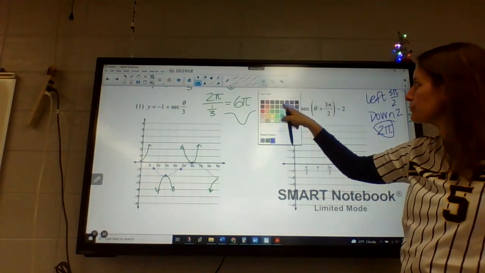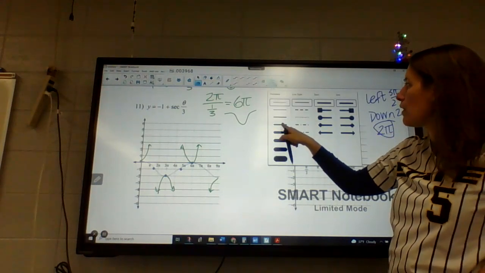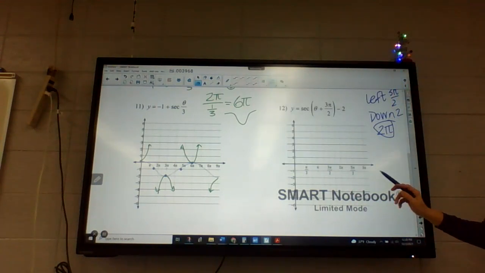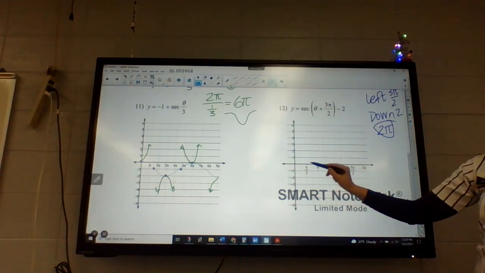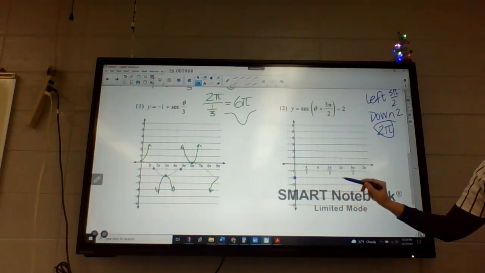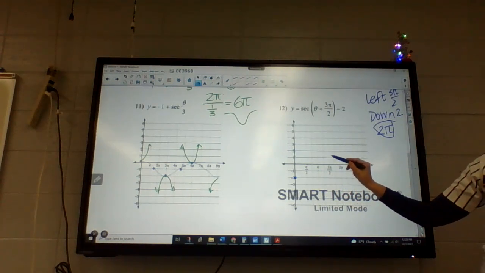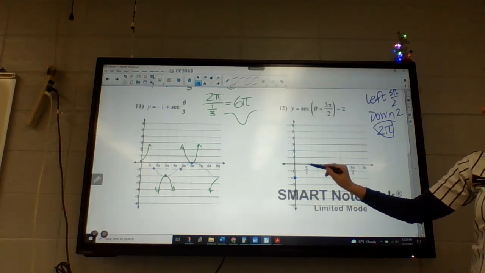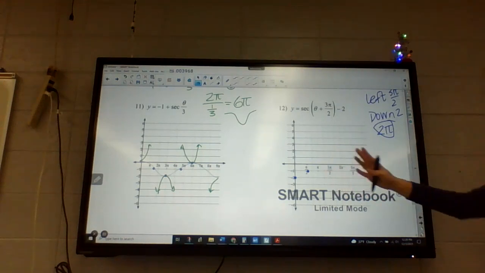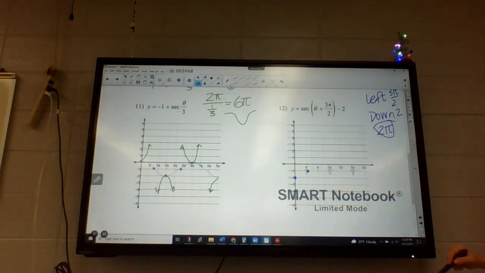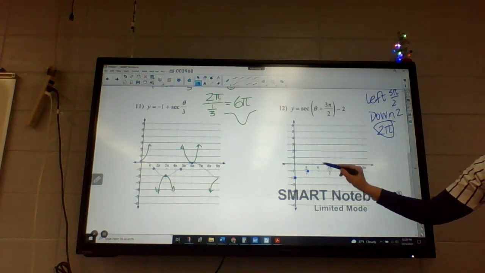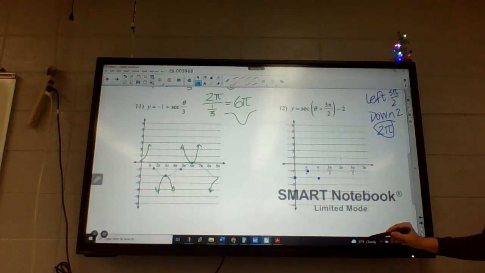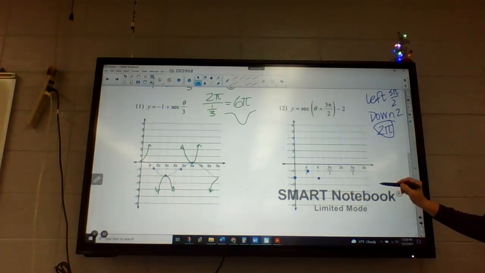So starting over here won't even be helpful because I can't get that far. 3 pi over 2, 1, 2, 3, 4, 5, 6, down 2. I know it's 6 because that's how many spaces it took. Then 1, 2, 3, 4, 5, 6, down 2. And so hopefully you're getting there.